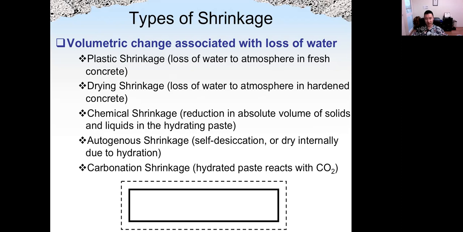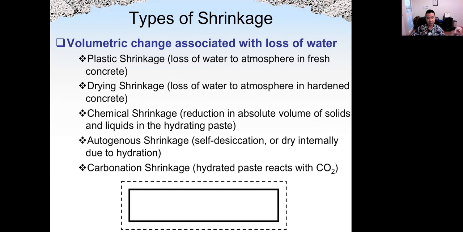Chemical shrinkage is reduction in the total volume of solid plus liquid during the hydration process. And autogenous shrinkage, which is caused by so-called self-desiccation. That is loss of water or drying internally due to hydration.